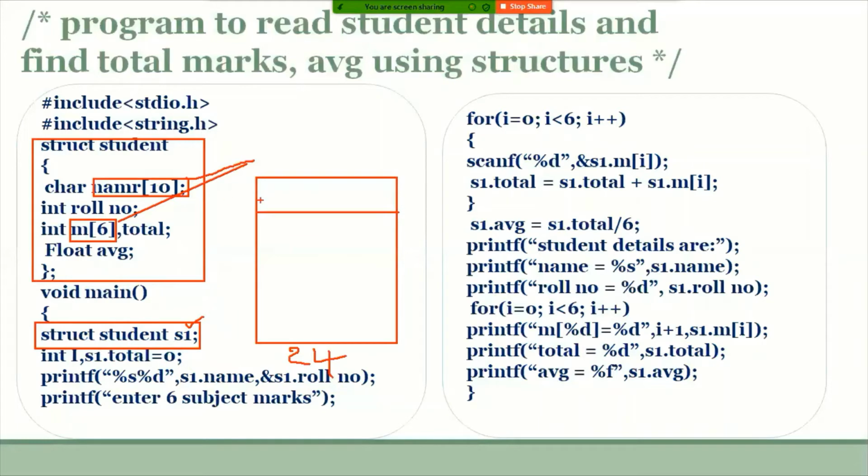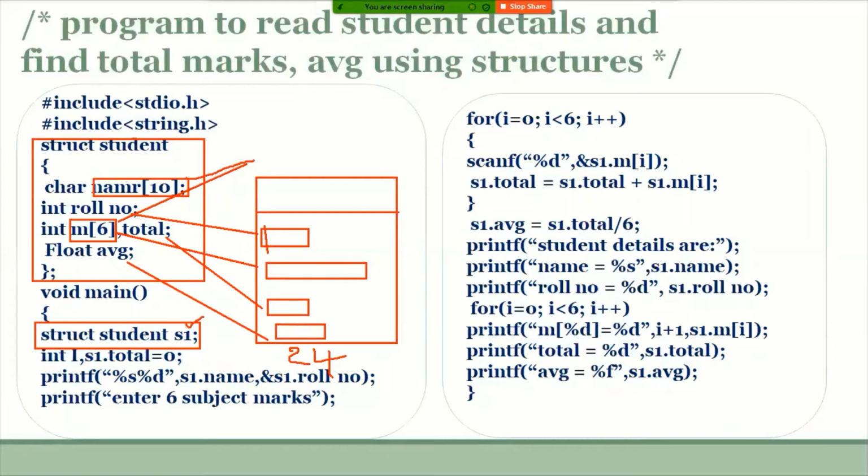Then first 10 bytes, then 2 bytes of memory will be allocated, then 6 bytes, then total will occupy 2 bytes, and average will occupy 4 bytes.